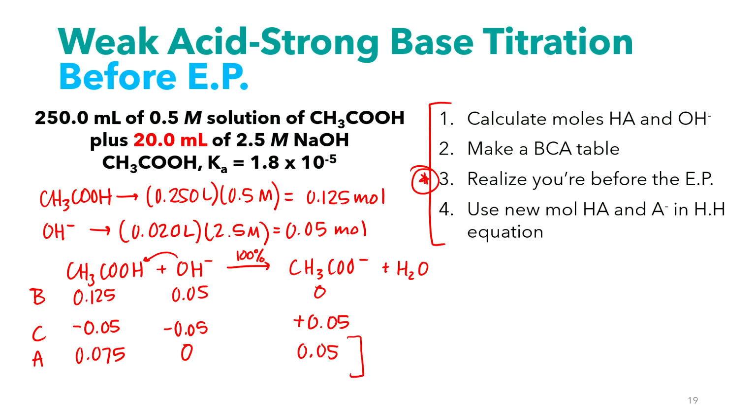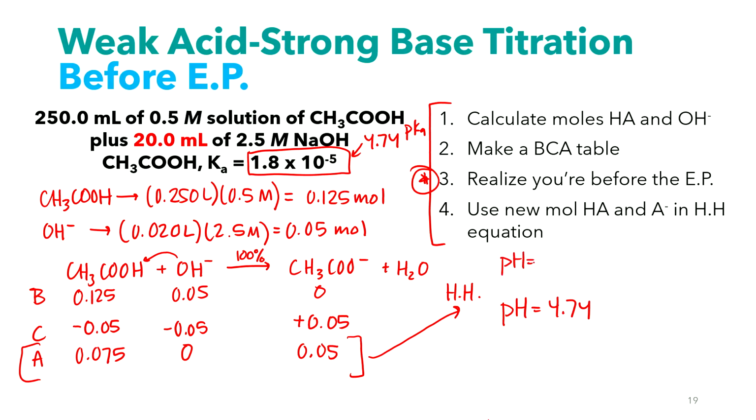So I'm going to take these numbers and put them into a Henderson-Hasselbalch. So pH is going to equal the pKa, and the pKa from this is 4.74. The negative log of 1.8 times 10 to the negative fifth is 4.74. That's what goes here. And we'll write this just for good practice, this is the Henderson-Hasselbalch.